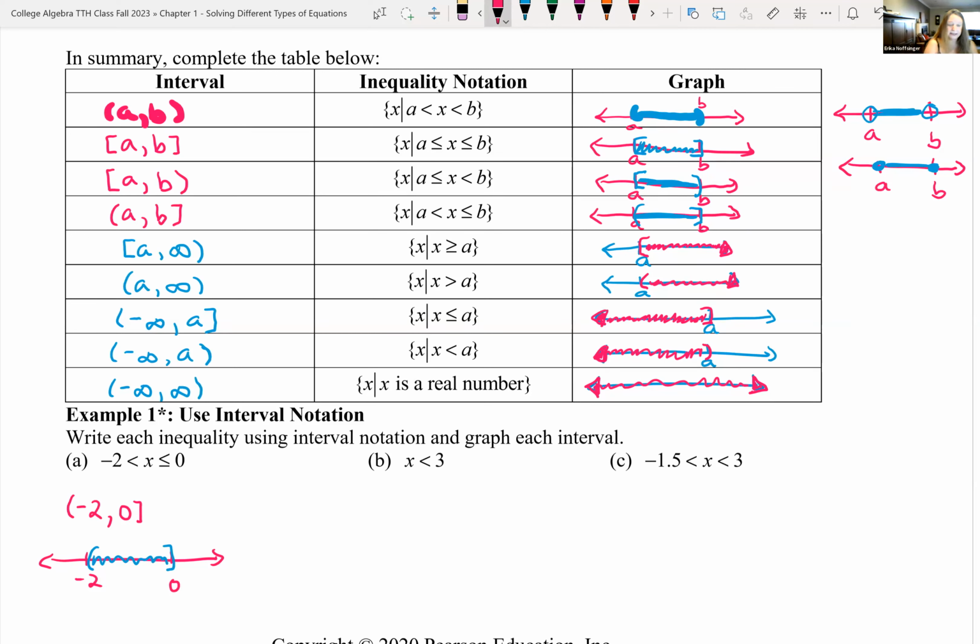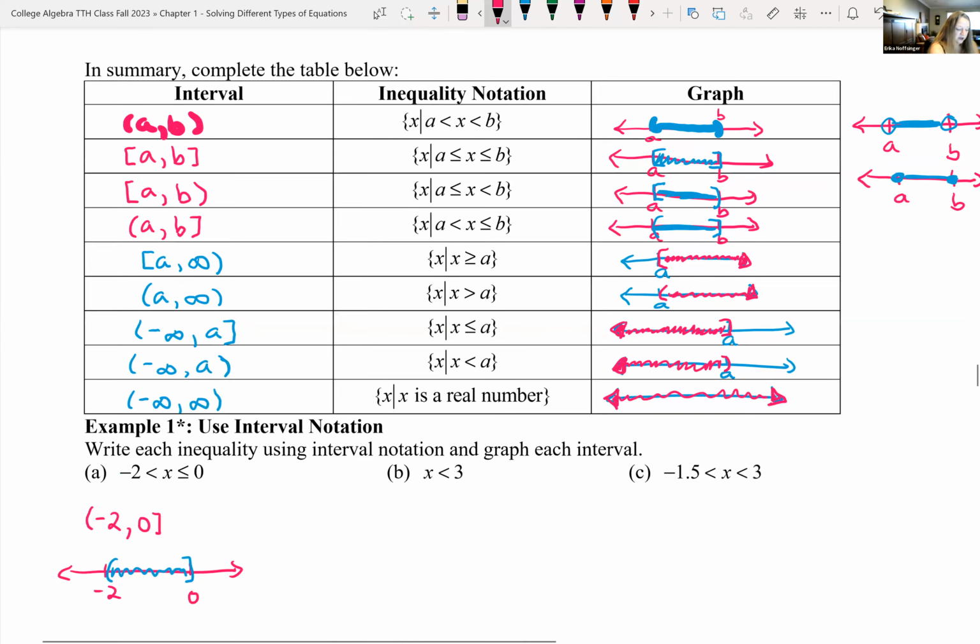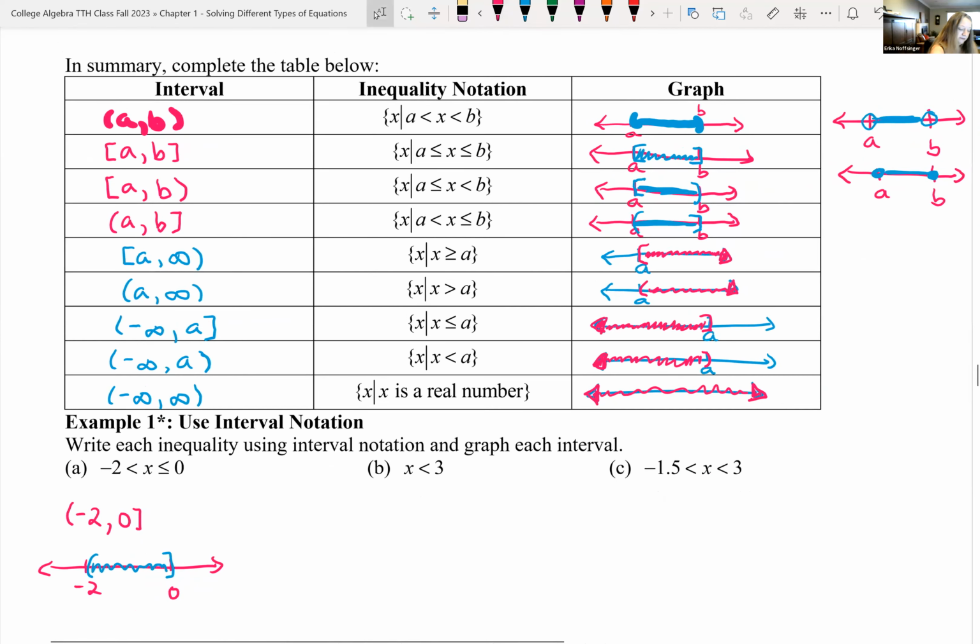Part B says x is less than 3, and so we're coming in from negative infinity, and we're going to 3, and then we have an open parentheses. So we have everything shaded on the left until we get to 3 with a parentheses. And then the last scenario, we have -1.5 is less than x is less than 3.